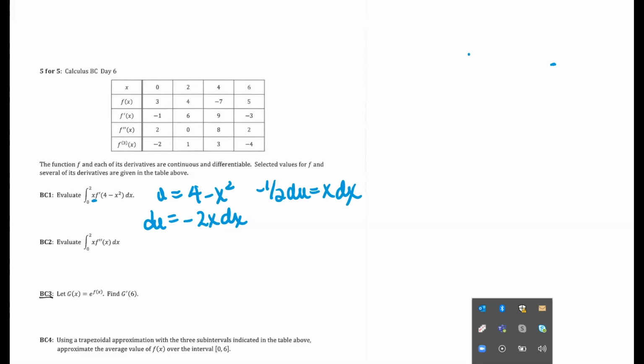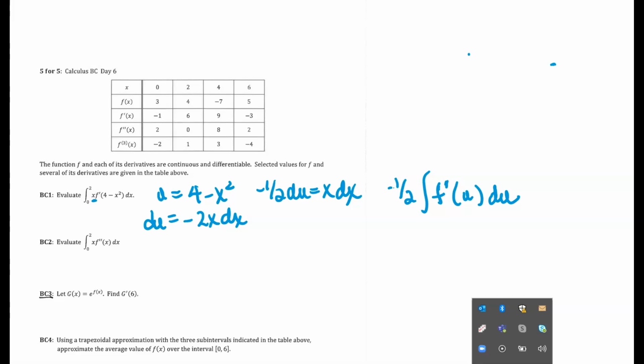And let's rewrite our integral entirely in terms of u again. So -1/2, the integral from something to something, I'll come back to, of f prime of u du. So that's my substitution for the integrand and the dx. And now let's change our limits of integration.